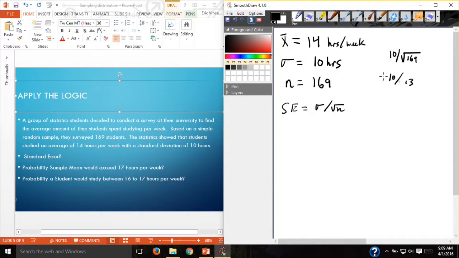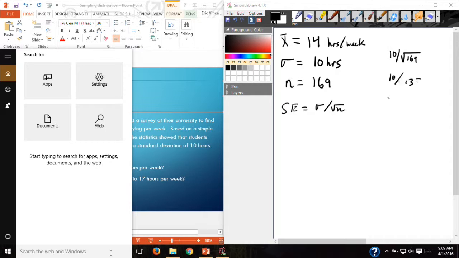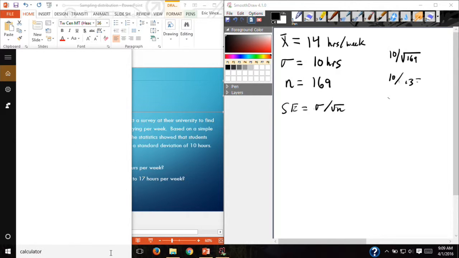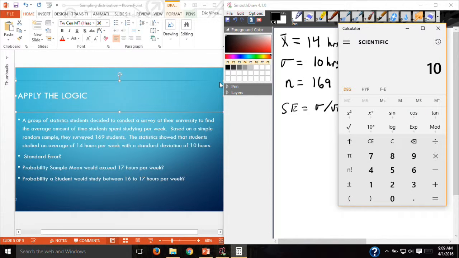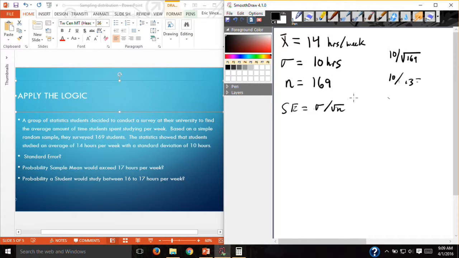So what is 10 divided by 13? Let's go ahead and look at that in the calculator. 10 divided by 13. Alright, so I get this long decimal. So let's just go ahead and keep it in fraction form as 10 over 13.